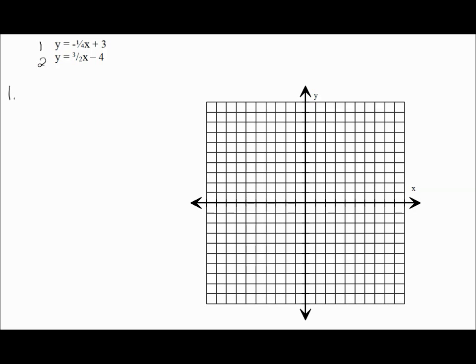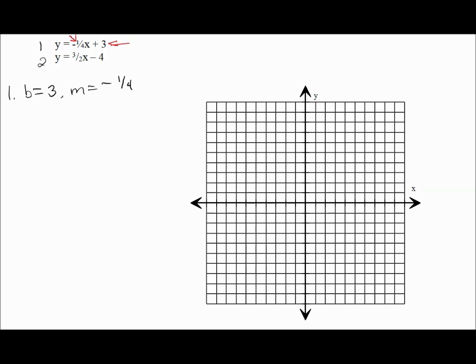I'm going to graph both equations by using the y-intercept and the slope. From equation 1, I know that my y-intercept is 3, and I need my slope, and my slope is negative 1/4.